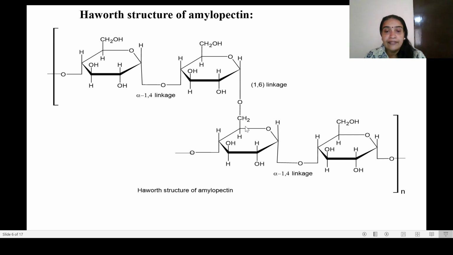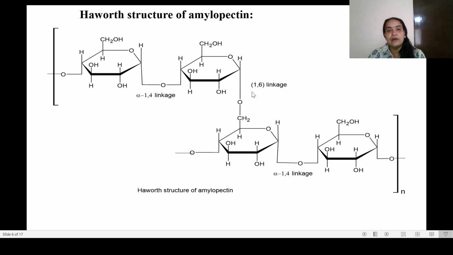That branching is due to the OH group of the first carbon of one glucose unit and the OH group on the sixth carbon of the other glucose unit. That is how a branching occurs, and such a glycosidic linkage is termed alpha-1,6 glycosidic linkage.